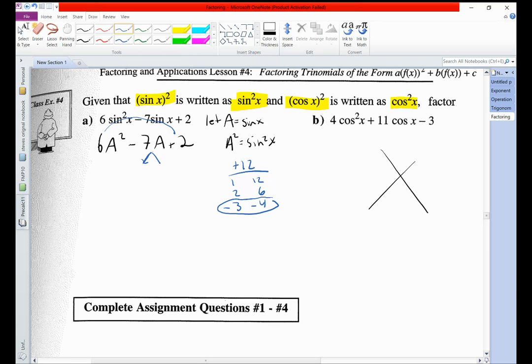So I can split that up into 6a squared minus 3a minus 4a plus 2. And I can do my grouping and factor out. In the first one, I can factor out a 3a, and I'm left with 2a minus 1.